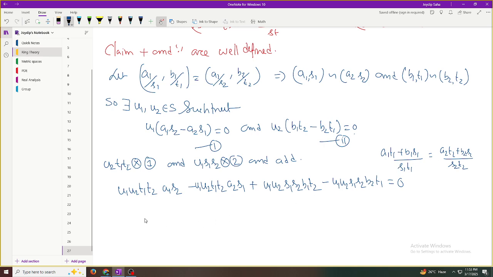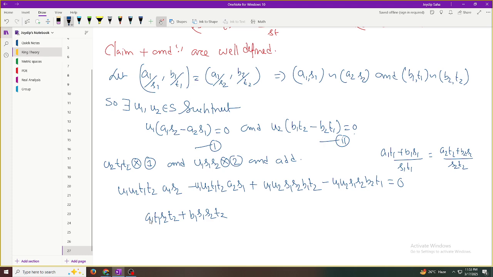So a1 t1 s2 t2 plus b1 s1 s2 t2. What is the remaining part?